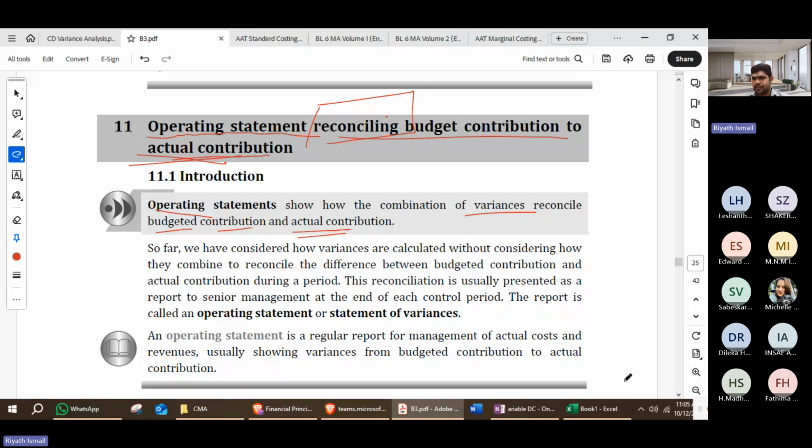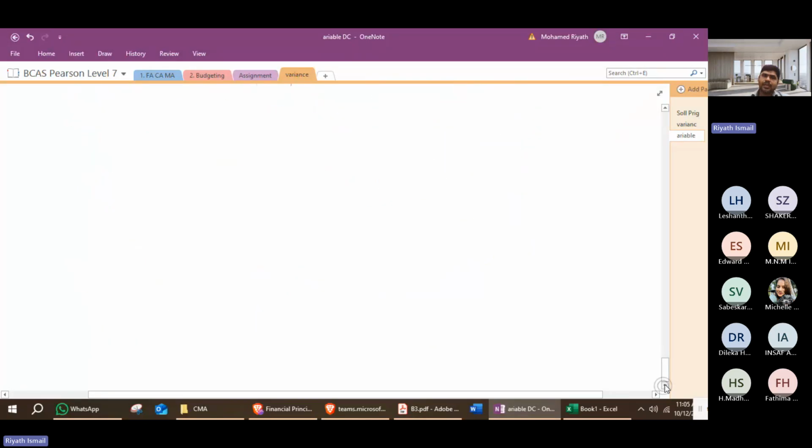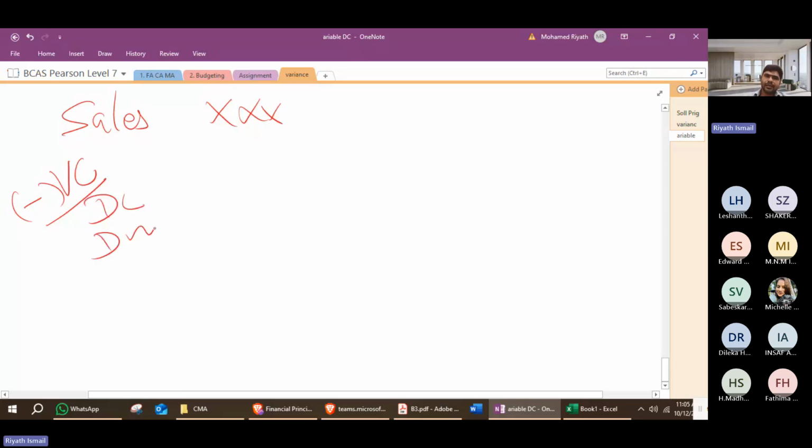Contribution, right? The term contribution is very important, and you should clearly understand what contribution is. Contribution means sales minus variable cost. What are the variable costs? Direct labor, direct material, variable overhead.